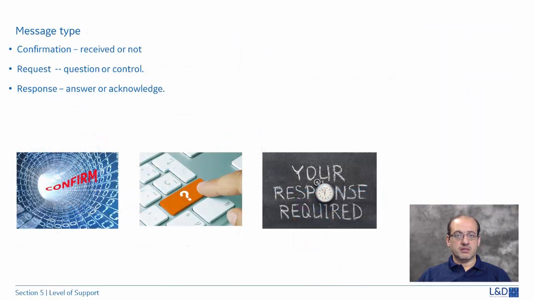Now that we understand the data that's being transmitted between two devices, what kind of messages can we transmit between the two devices? What's the classification of these messages? In the standard, they say there are 3 types at this point: a confirmation message, a request, and a response.